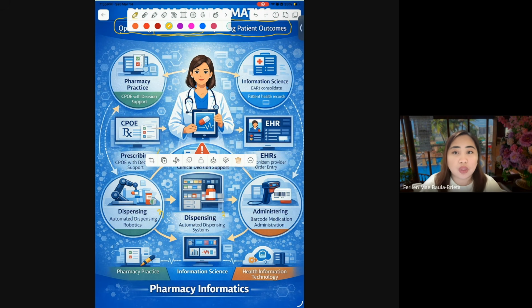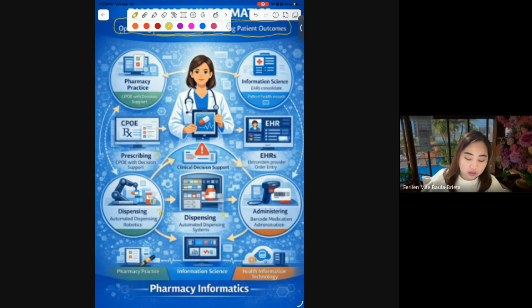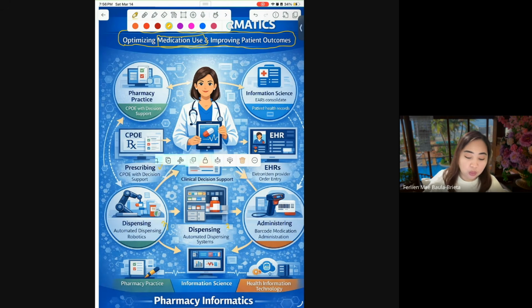Informatic tools have transformed all of these stages to help us optimize our role as healthcare providers. We have computerized provider order entry, what we call CPOE. This system allows the doctors to prescribe and enter medication orders electronically, eliminating errors with illegible handwriting and manual transcription as well.